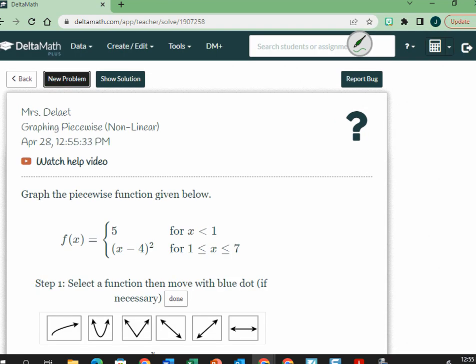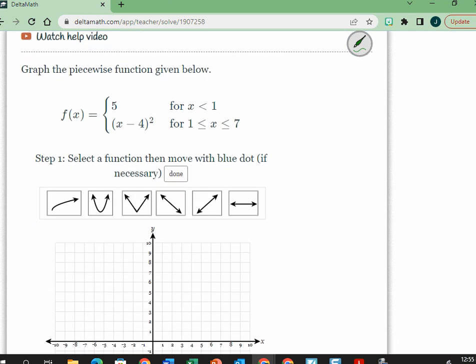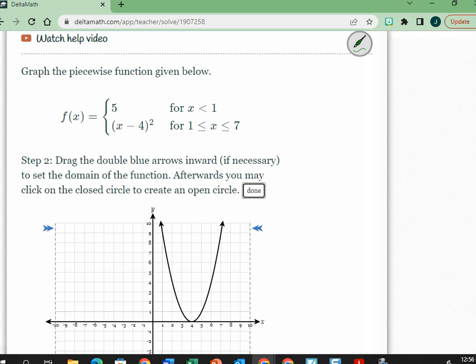All right, guys. When you're graphing on Delta Math for these that are not linear, look up here to make sure you understand what we're doing. You pick which kind of graph it is. So if I want to do the parabola one first, I click on the parabola. Okay, it plots that for me. I do whatever sort of transformations are here. So I need to shift this one to the right 4. Then I click done. Once I do that, it allows me to figure out the 1 to 7 part.